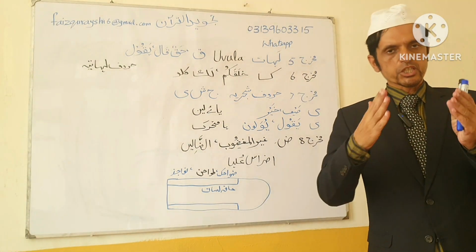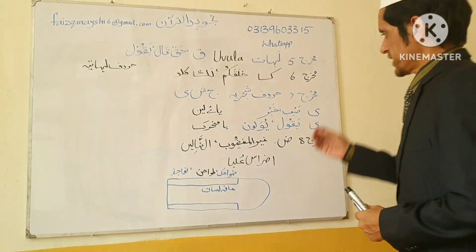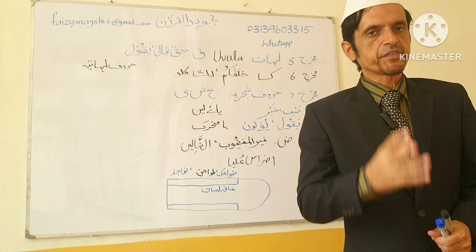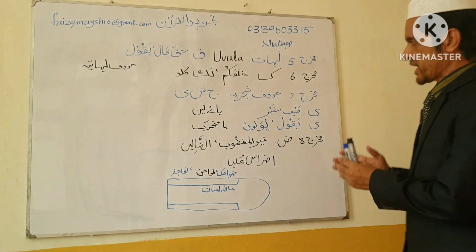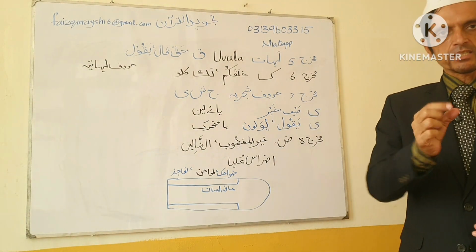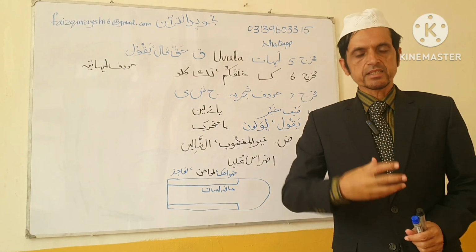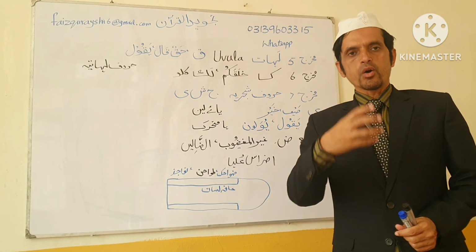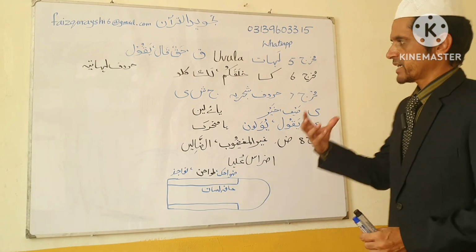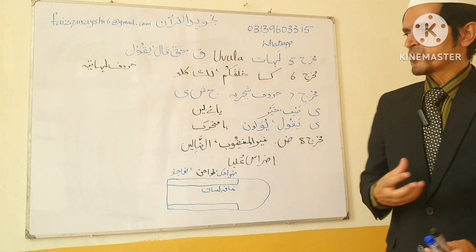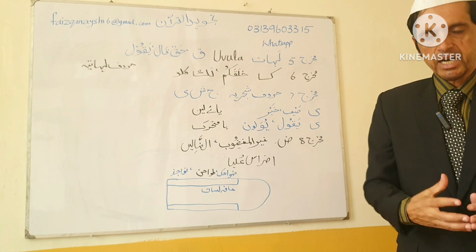I teach you Tajweedul Quran, and in this class I'll teach you a few Makharij. Makharij are the places from which different Arabic letters are articulated or produced. So they are called Makharij.